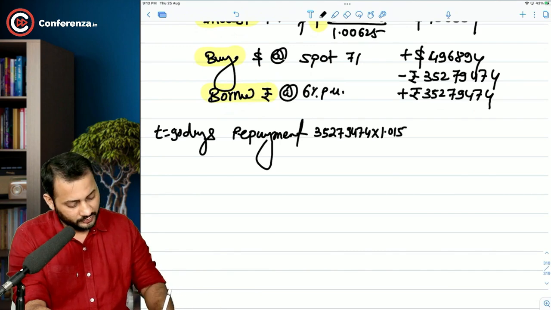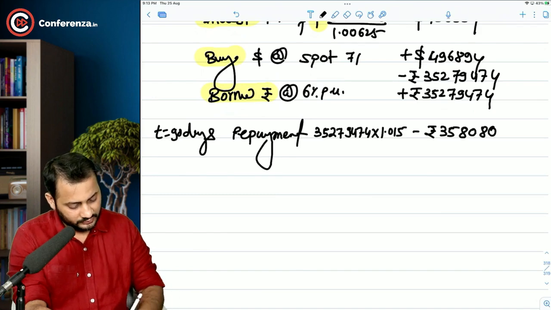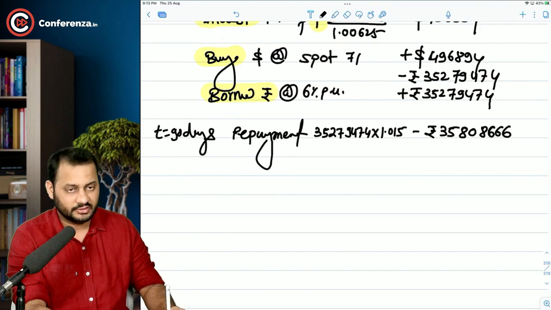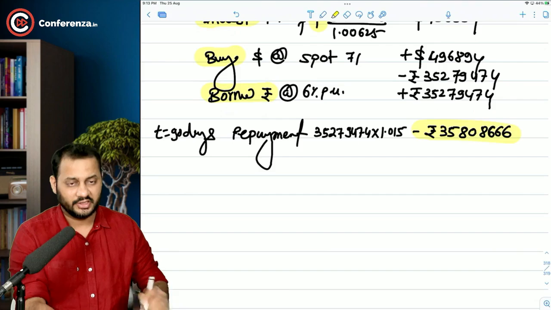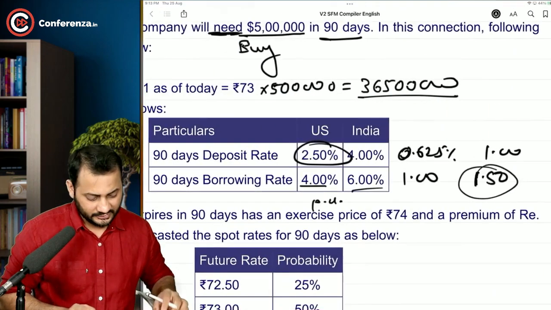So the total outflow will be 3 crore 58 lakh 8,666. So this is the outflow.